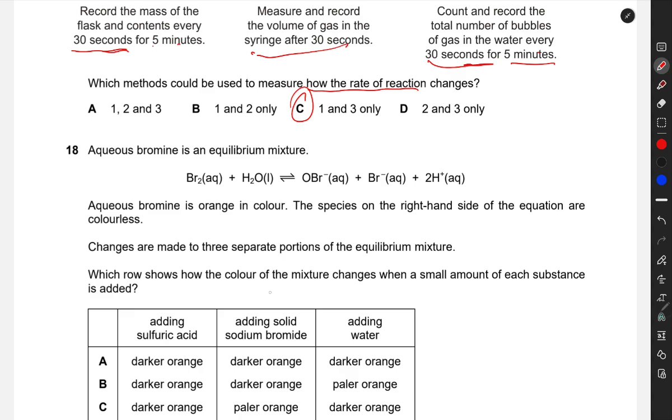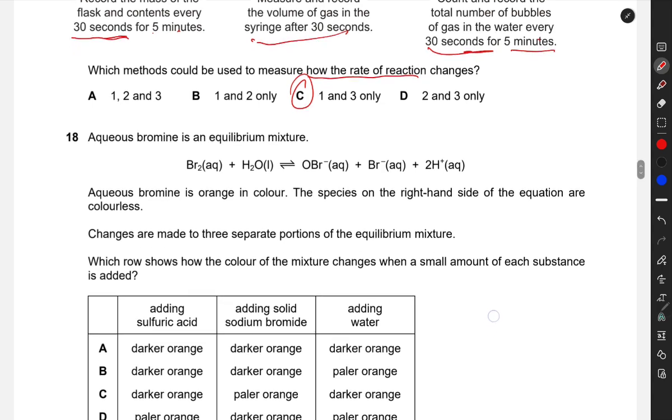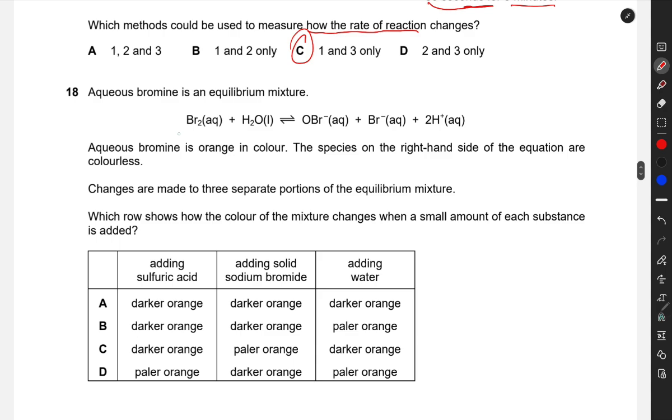Which row shows how the color of the mixture changes when a small amount of each substance is added? This is bromine. The color is brown, dark brown or dark orange. So dark brown is not here, so we can write dark orange.